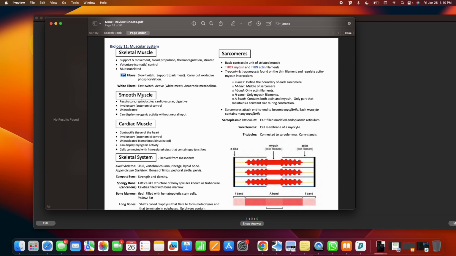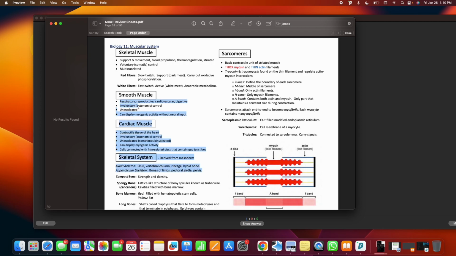Then we have smooth muscle, where they are in our respiratory tracts, our reproductive organs, the cardiovascular and digestive systems. Also, when you're urinating, that's part of the reproductive, so kind of in the renal system too.